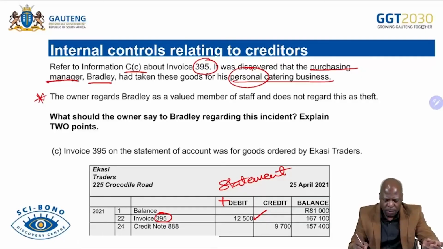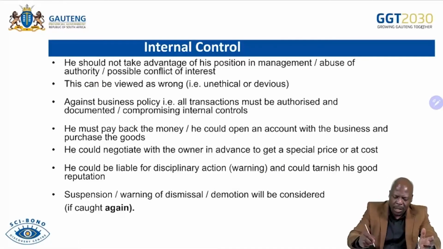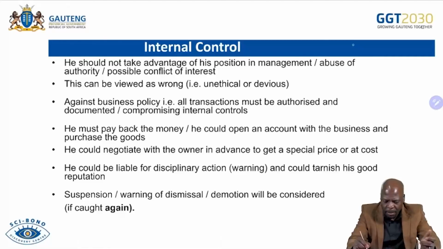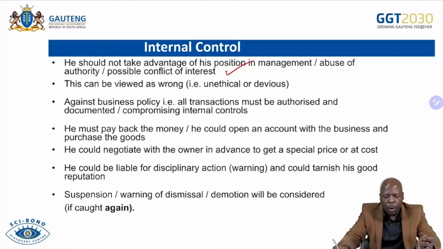What should the owner say to Bradley regarding this incident? Explain. So they want 2 points. Let's see how far we can go. Number one, the owner should ensure that Bradley must not take advantage of his position in management. That is, he must not abuse his authority, as this will lead to conflict of interest.